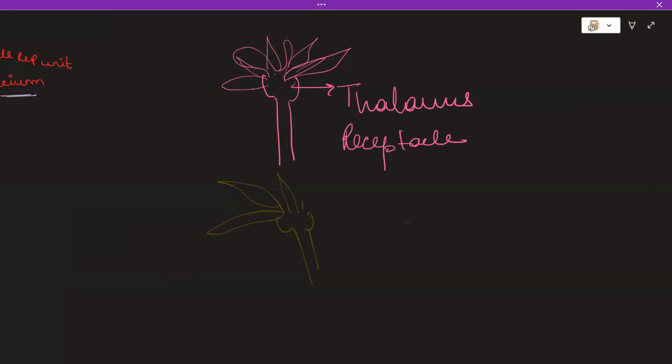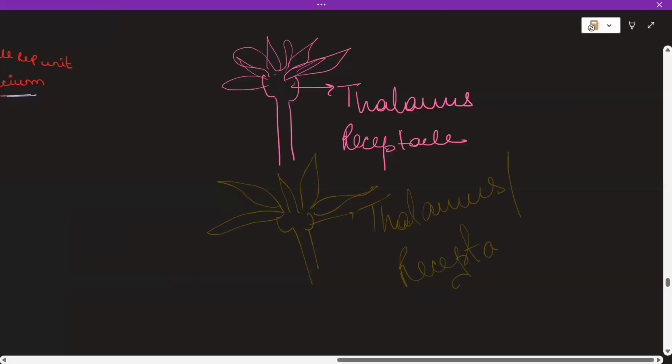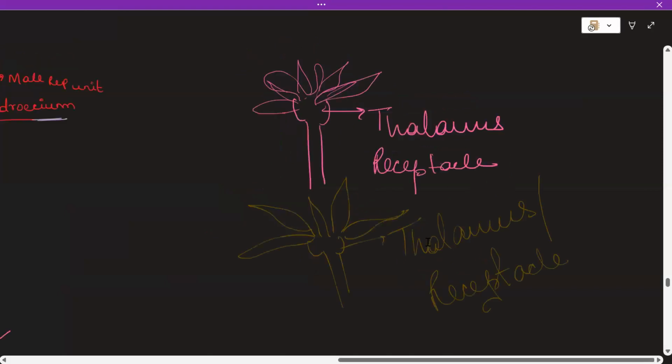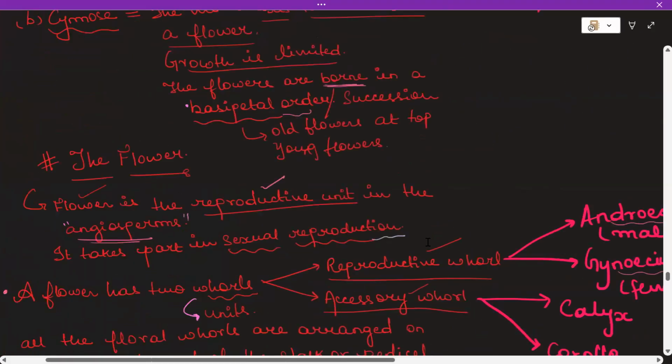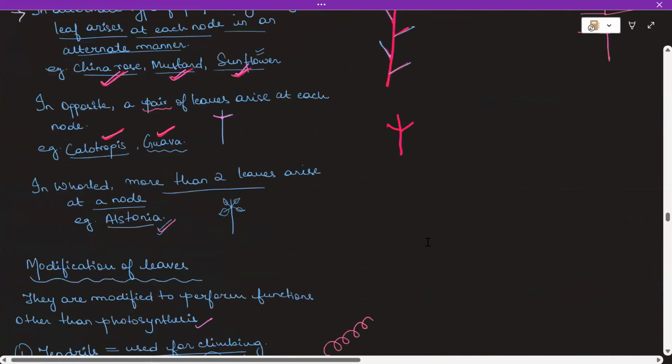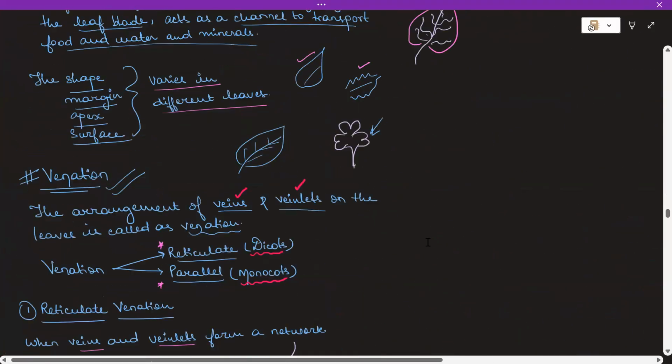So that swollen piece of a flower on which all the different parts of the flower are present is what we call the thalamus. Another name for thalamus is receptacle. Is it clear? Yeah. Any more doubts? No. Okay. All right. Now you people note down. Then we'll move forward and talk more about the flower.